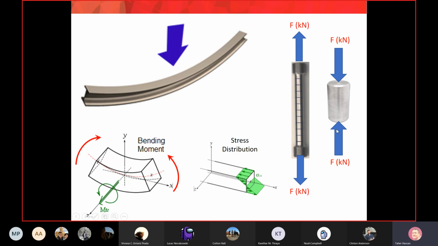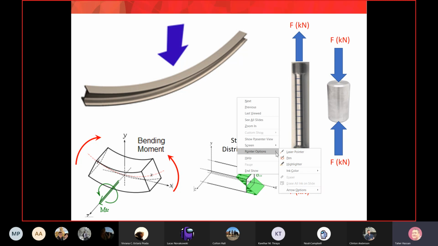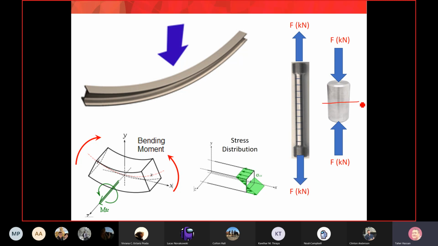When you look at compression, you will see that the compression force we applied along the axis of the specimen. And so you can see it is perpendicular to the cross section. So the cross section is this way, and the force is normal or perpendicular to the cross section, and that's why it causes a normal stress.